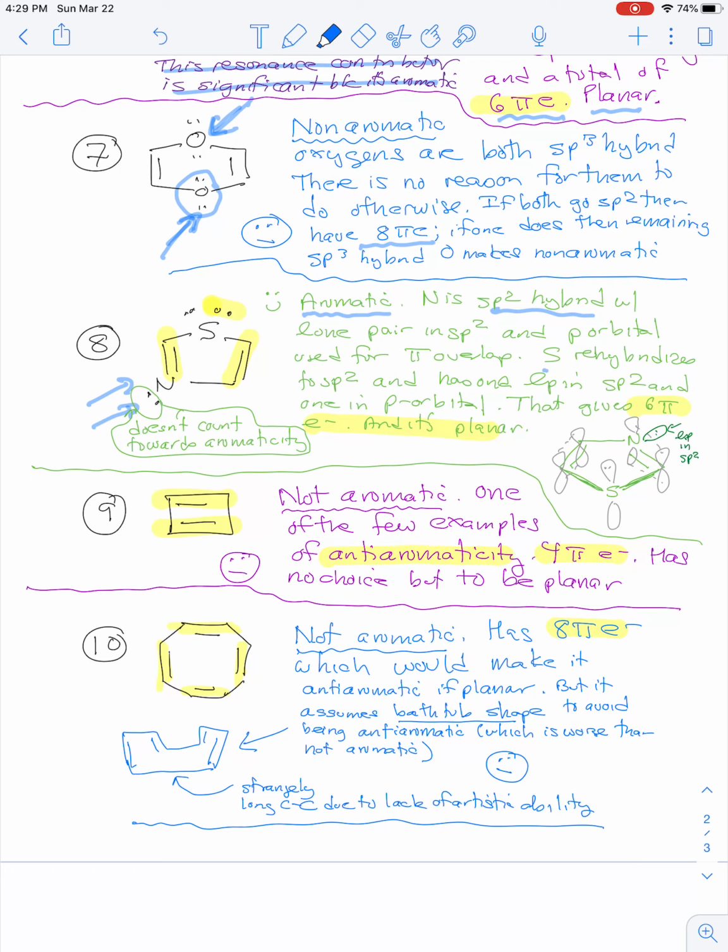On the other hand, the sulfur is going to rehybridize so that it puts one lone pair in an sp2 hybrid orbital where it doesn't count for aromaticity because it's out to the side, and then a second lone pair in the p orbital. So that gives us what I've highlighted in yellow in this structure. We have 2, 4, 6 pi electrons. That gives us 6 pi electrons, and therefore the molecule is aromatic.